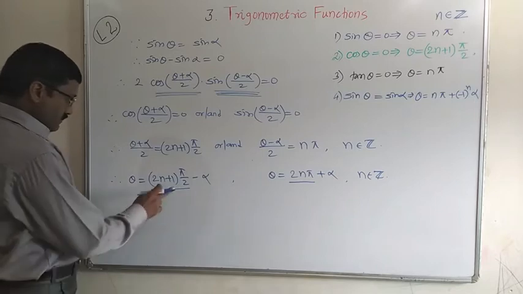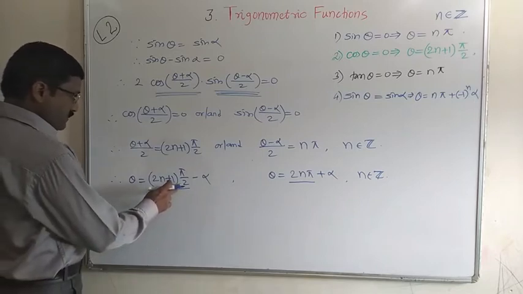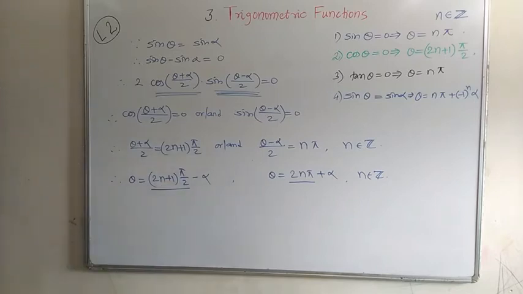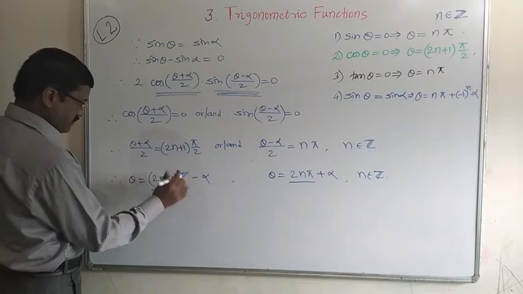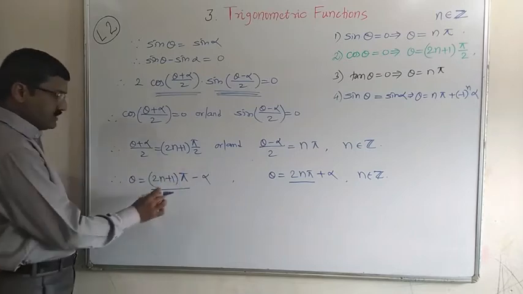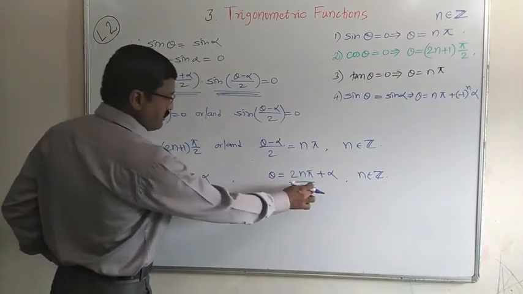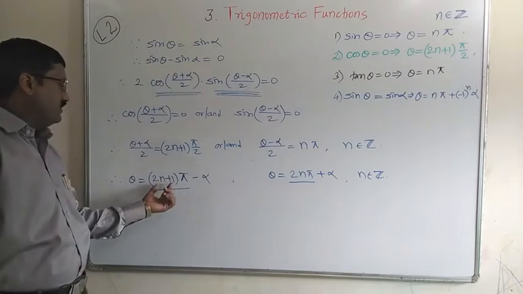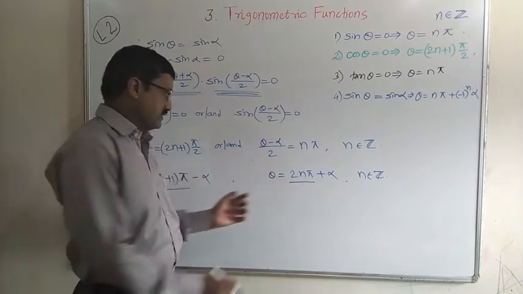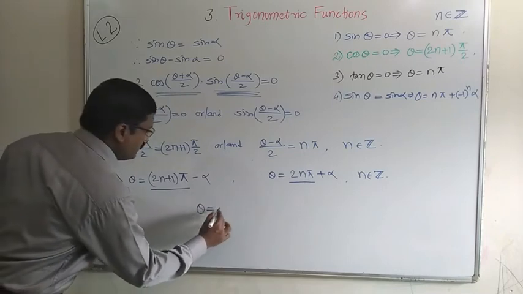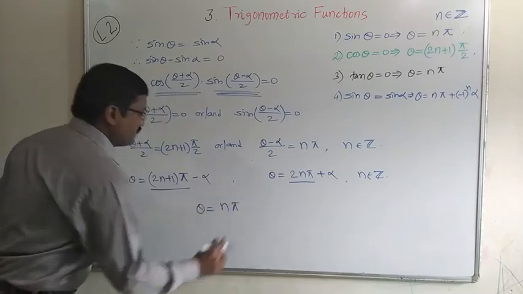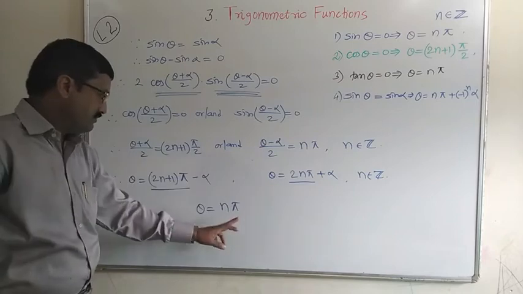No, here the 2 gets cancelled, so 2 is not here. So this is an odd multiple of pi and this is an even multiple of pi, means these are odd integers and these are even integers. If we combine these two, then theta is equal to n pi, that is all the multiples of pi.